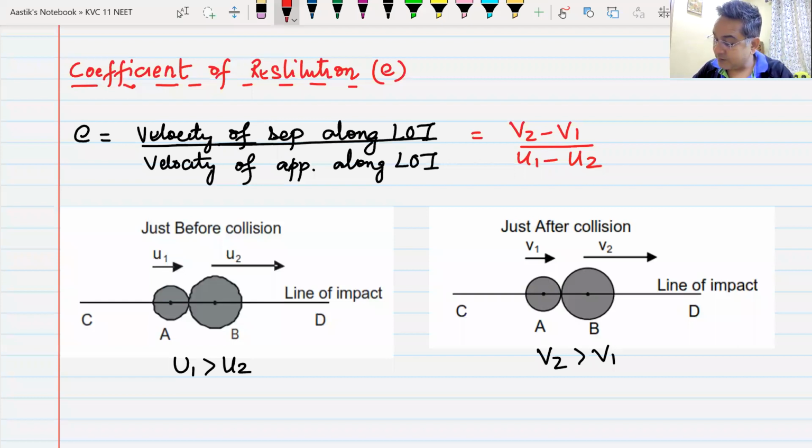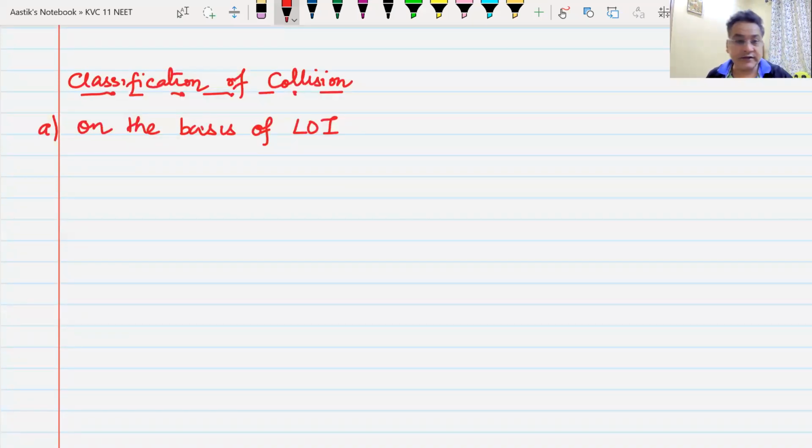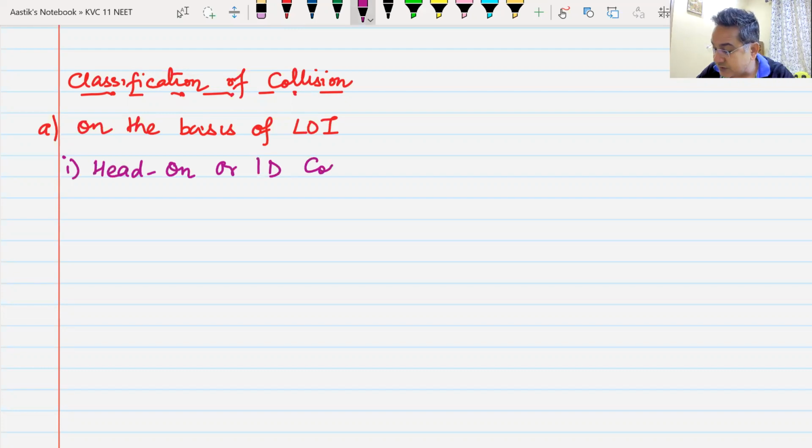Well, number A, on the basis of line of impact. On the basis of line of impact, I can have two types of collision. The first type of collision is known as head-on collision, or 1D collision, collision in one dimension.